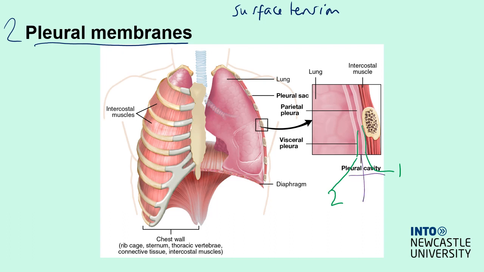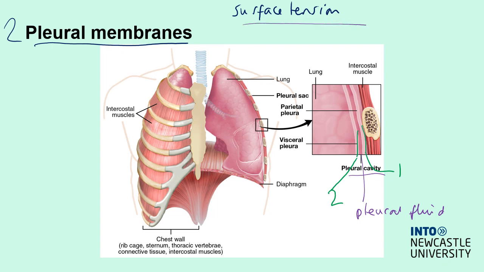and inside this space, the pleural cavity, you release a pleural fluid. And this pleural fluid reduces friction so that when the lungs are expanding when we inhale and deflating when we exhale, we're reducing friction, so we're not going to damage the lungs. And it also means that this fluid attaches the lungs to the inside of the ribs using this surface tension.